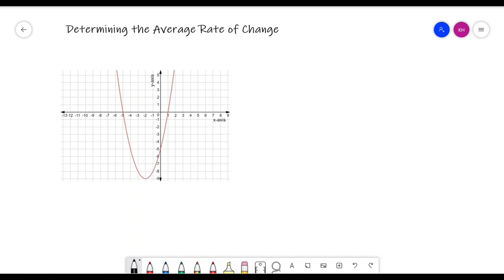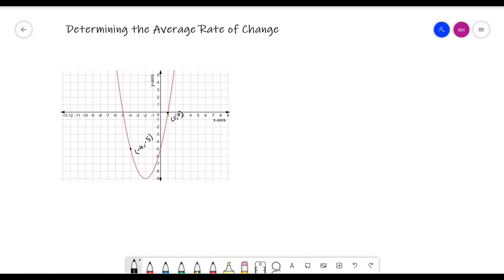So here you can see I have a function which is a quadratic function and I have the graph of it. And now if I draw a straight line through the point -4, -5, so I'm gonna write the coordinate over here, and the point 1, 0.